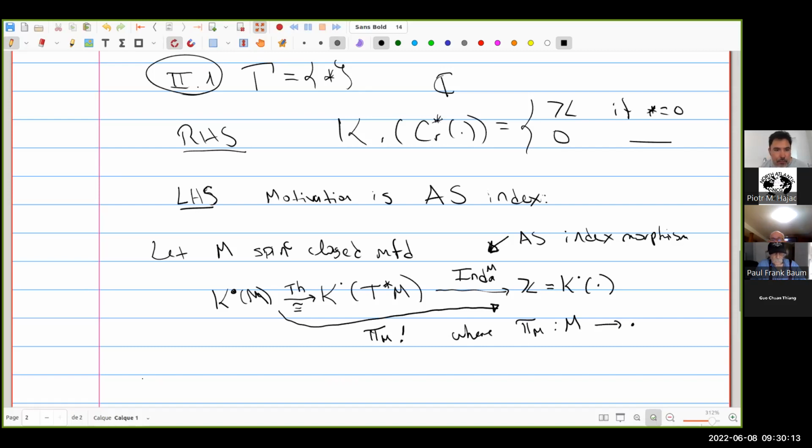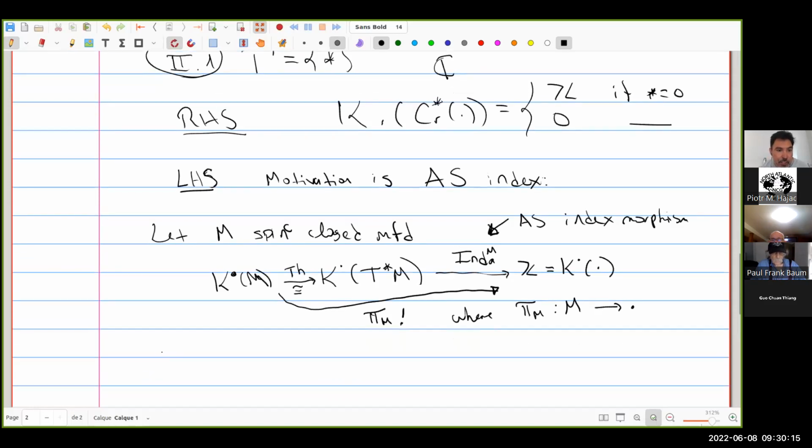So the Atiyah-Singer theorem and formula is in fact about assembling. I will explain what I mean by this equality, but it's equal to assembling the different P_M stricts. So what I mean by Atiyah-Singer theorem being equal to assembling.